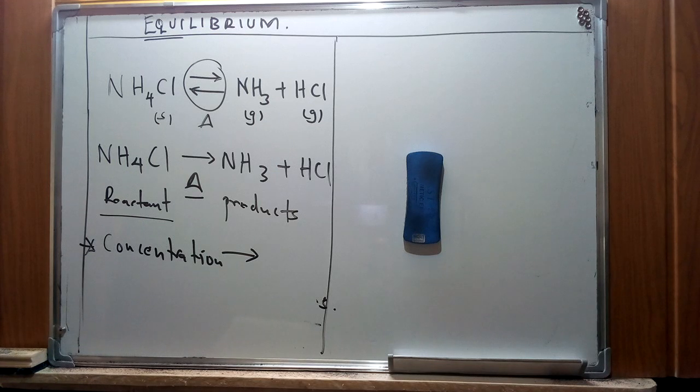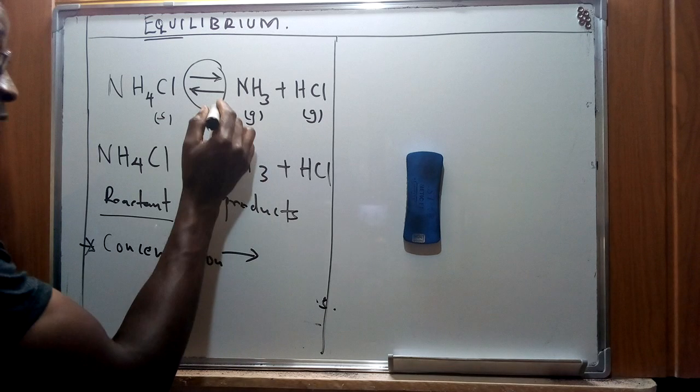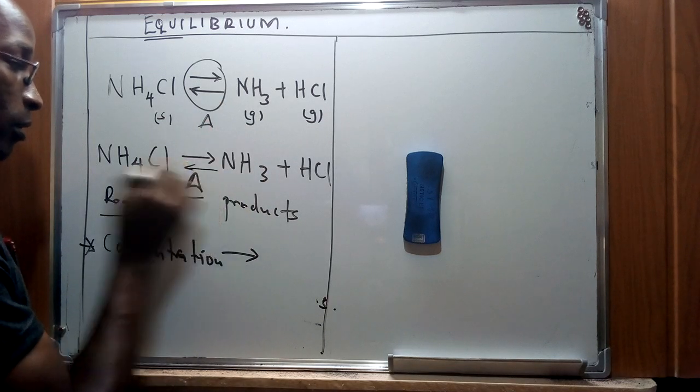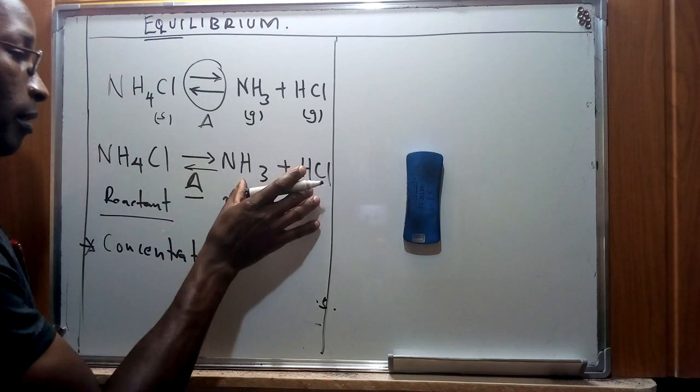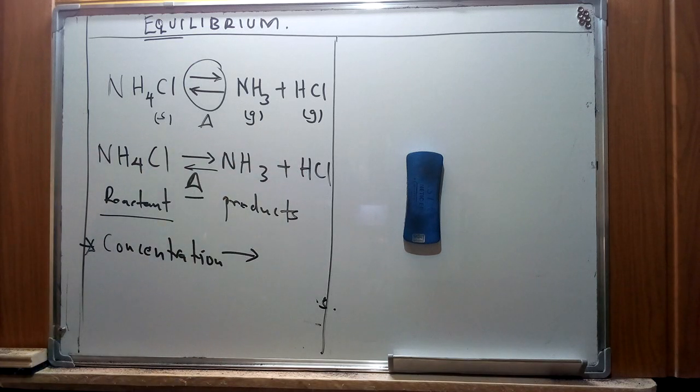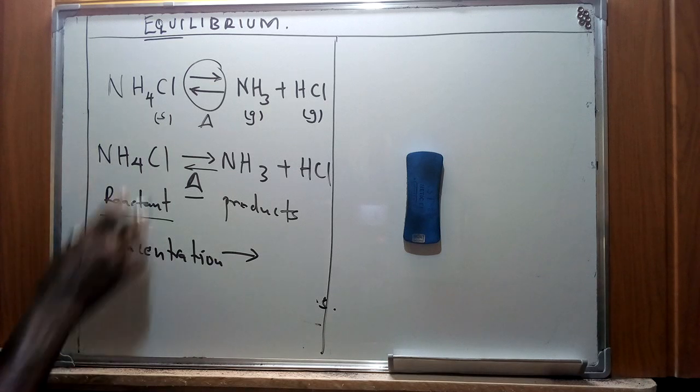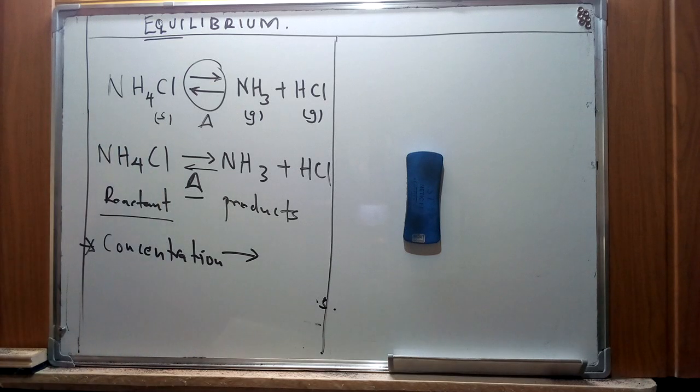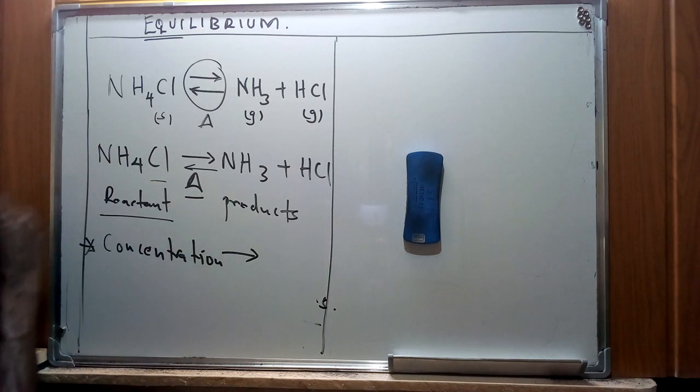Now, once the products have been formed, there's going to be a reverse reaction which starts due to the combination of these two products to form the reactant, but at a slower rate. As that proceeds, the concentration of ammonium chloride will of course start to increase.